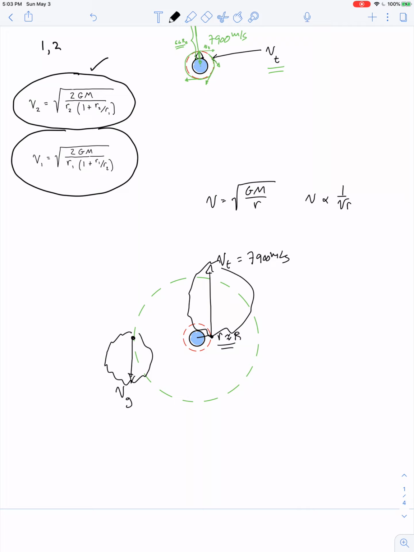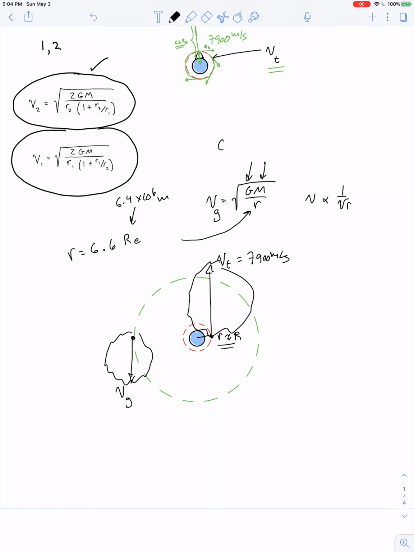In fact, if you use a calculator, we know what to plug in for G and M. For a geostationary or geosynchronous satellite, the value of r is about 6.6 times the Earth's radius, and the radius of the Earth is, as you know, 6.4 times 10 to the 6th meters.